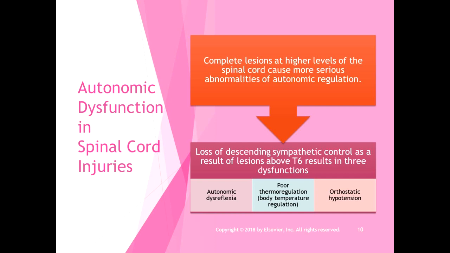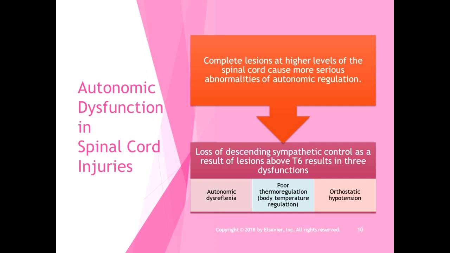Complete lesions at higher levels of the spinal cord cause more serious abnormalities of autonomic regulation. If you look at that chart on page 378, you'll see the higher the level is, the more likely they are to have autonomic dysregulation. The loss of descending sympathetic control as a result of lesions above T6 results in three main autonomic dysfunctions.